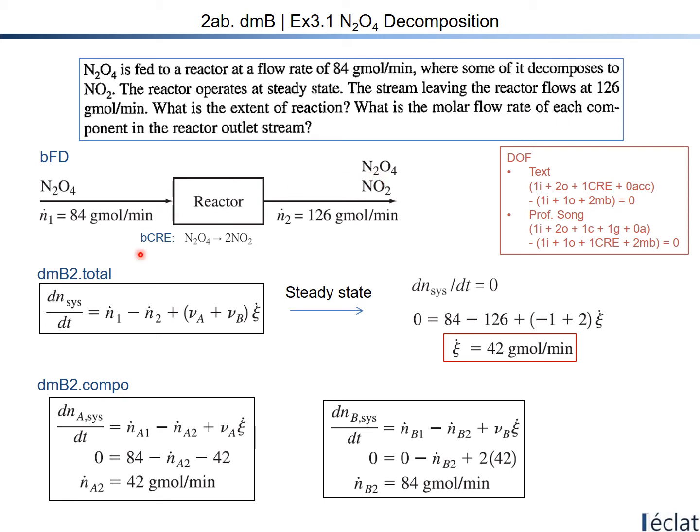Let me start with the total mole balance equation. dN/dt of the total inside the system is equal to input minus output plus generation.